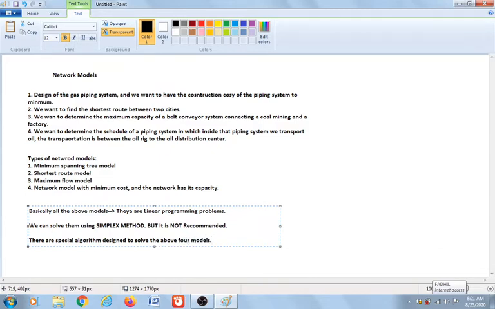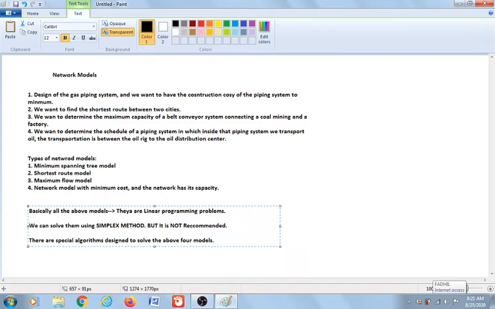Because they are linear programming problems, we can solve them using the simplex method, but it is not recommended to solve the problems using the simplex method. There are special algorithms designed to solve the above four models. So there are special algorithms for the minimum spanning tree model.